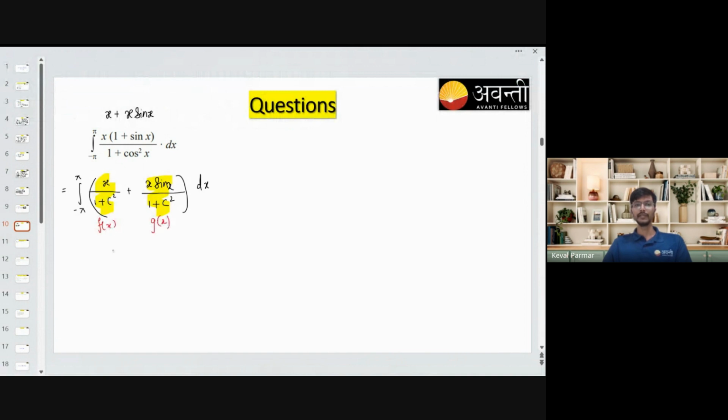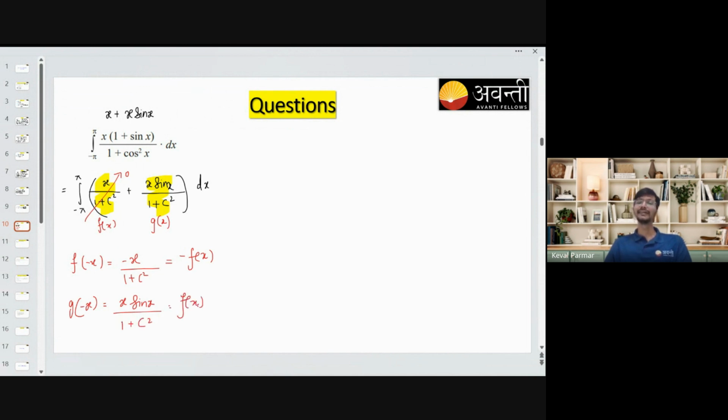Now if you notice, f of minus x will be equal to minus x upon 1 plus cos square x, which will be equal to minus f of x. That means this is an odd function, so its value will be 0. And if we calculate g of minus x, it will be the same, x sine x upon 1 plus cos square x, which is equal to g of x.